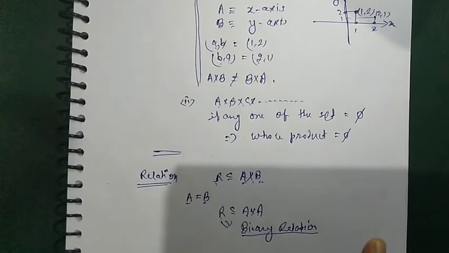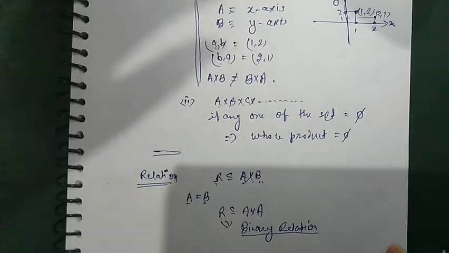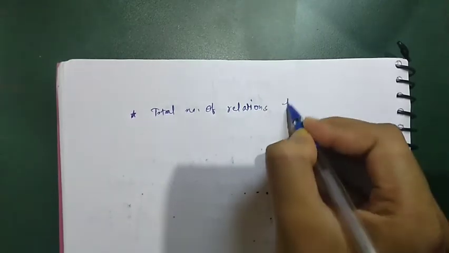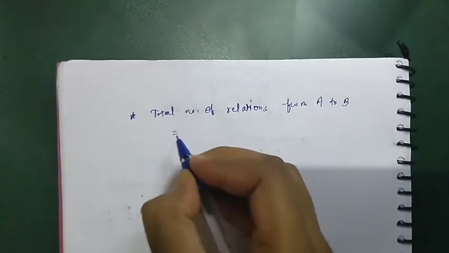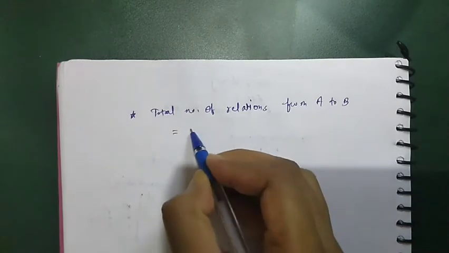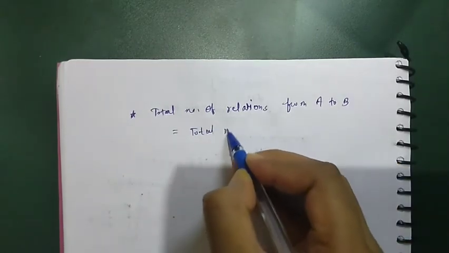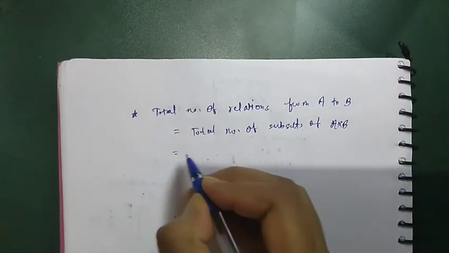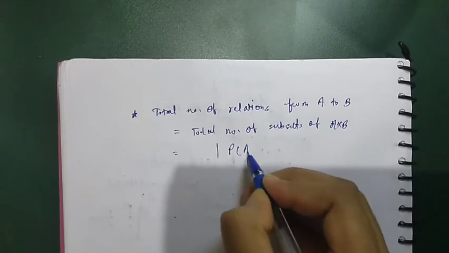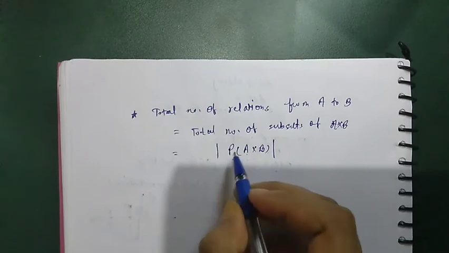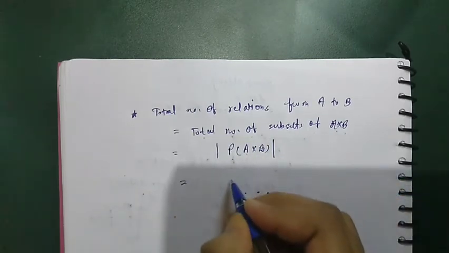Now we are going to see the total number of relations from any set A to another set B. As we know that a relation is nothing but a subset of the cross product of A and B, the total number of relations from A to B will be equal to the total number of subsets of A cross B. This will be equal to the cardinality of the power set of A cross B, as the power set is the set of all the subsets of A cross B. So its cardinality will be equal to the total number of subsets of A cross B. And we know the formula for the cardinality of a power set.